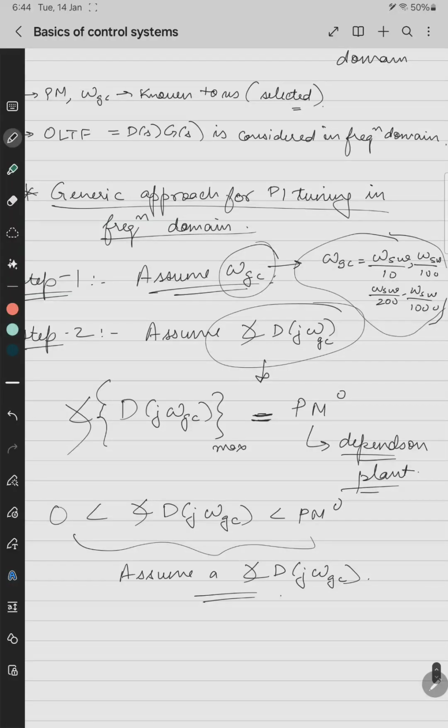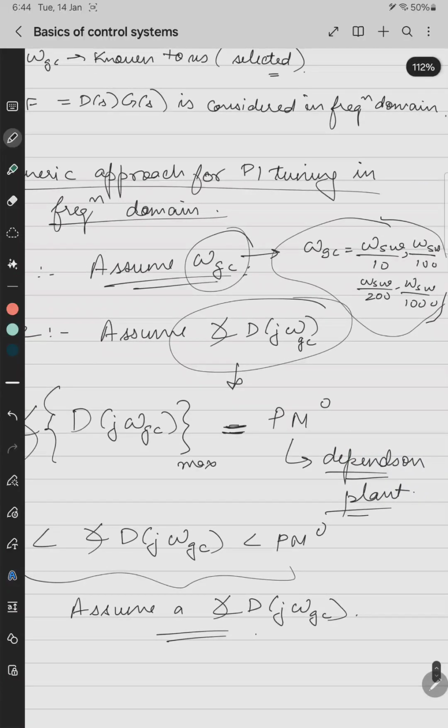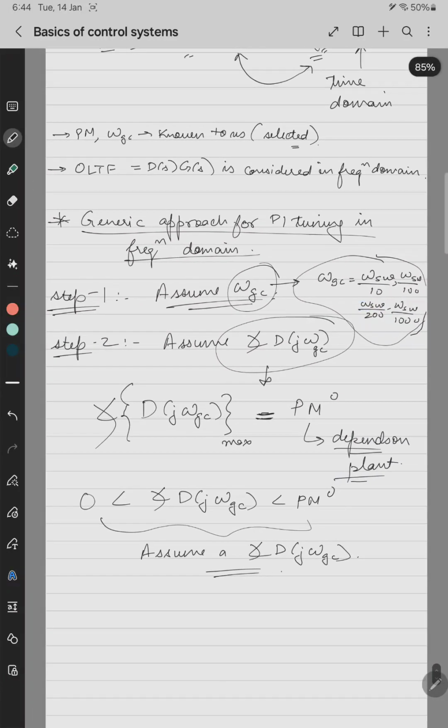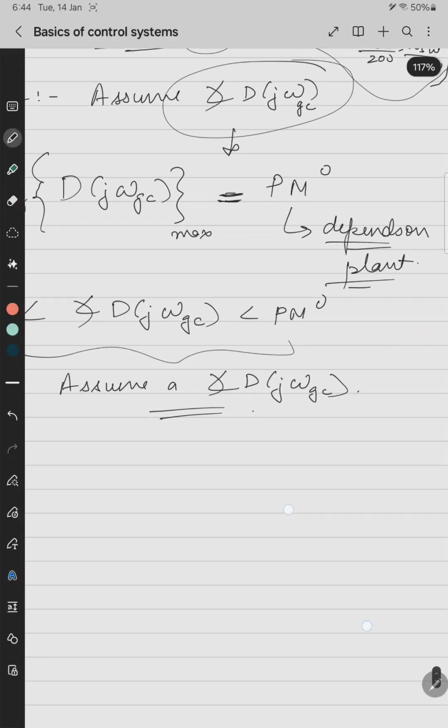In the next lecture we'll take a classic example of dual loop or single loop control of a DC-DC converter, and then I'll tell you how to assume omega GC. This generic approach of tuning a PI controller is based on the assumption that you know omega GC and the angle of D at j omega GC.